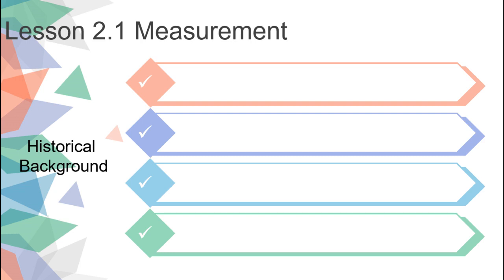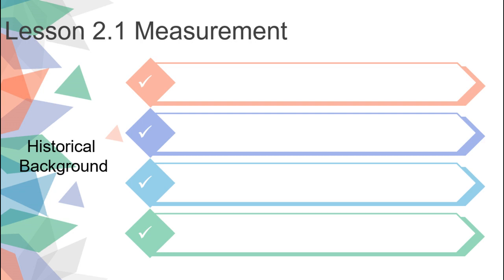In this chapter, we are expected that at the end of this lesson, you will be able to convert units of measure, express quantities in scientific notation, express measurements in the correct number of significant figures, recognize the limitations of measuring instruments, organize data into meaningful information, and lastly, analyze and interpret data. However, for this week's lesson, we will be focusing more on conversion of units and the scientific notation.